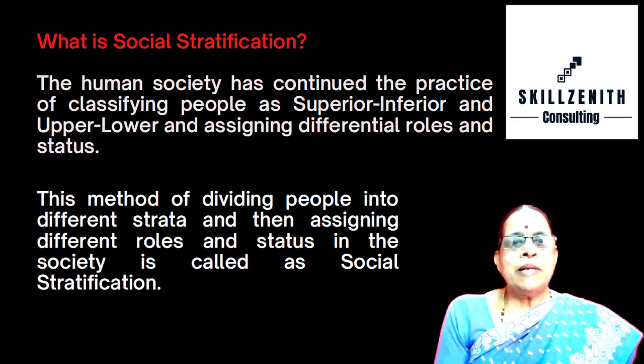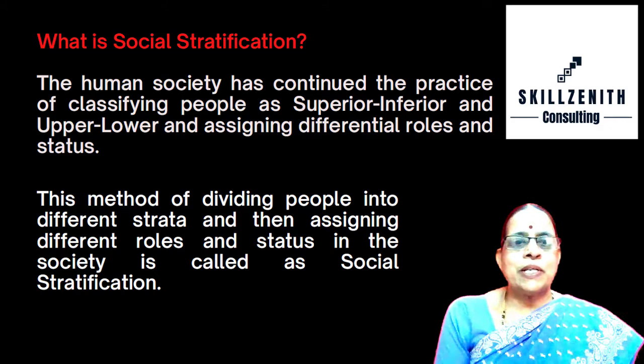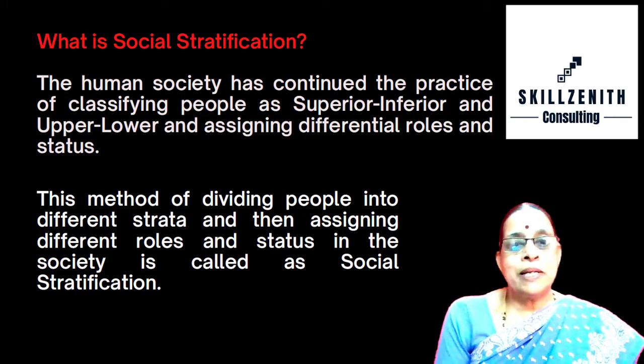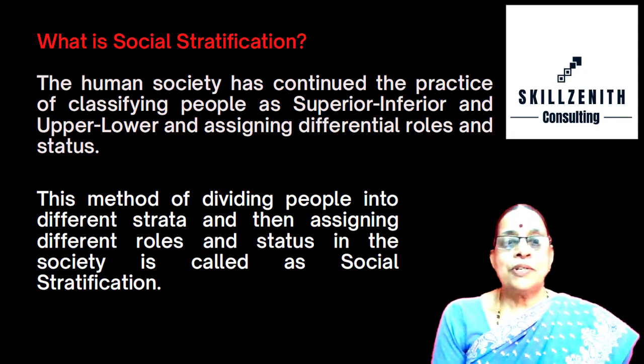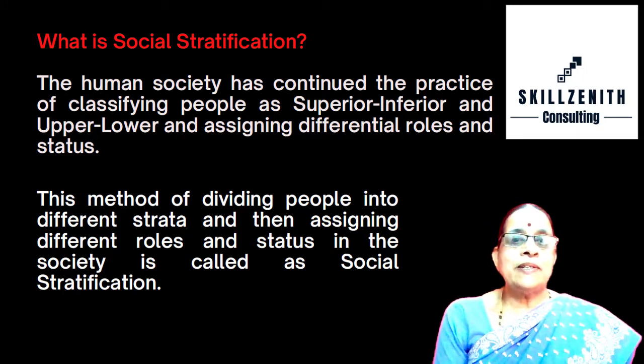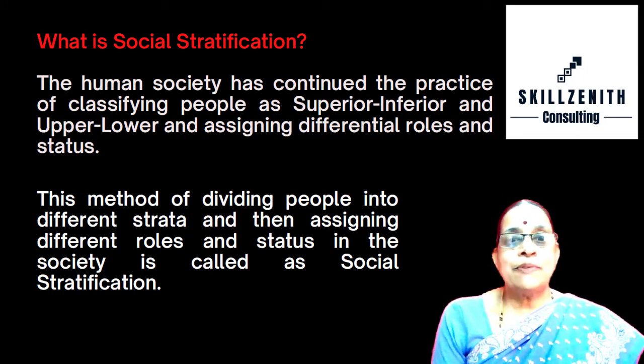Even when you compare modern society with ancient or primitive society, there has been a continuous process of dividing people as inferiors, superiors, people belonging to upper grade, lower grade, and they are assigned different roles and status in society. Depending on education and status, they have been classified or divided. This is called social stratification.